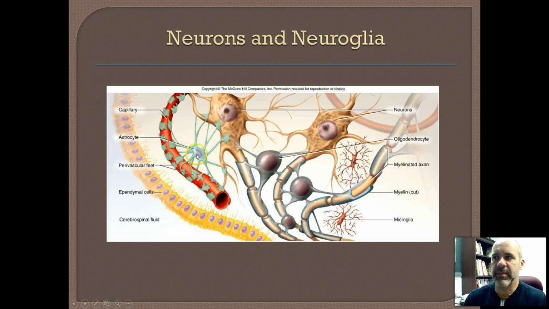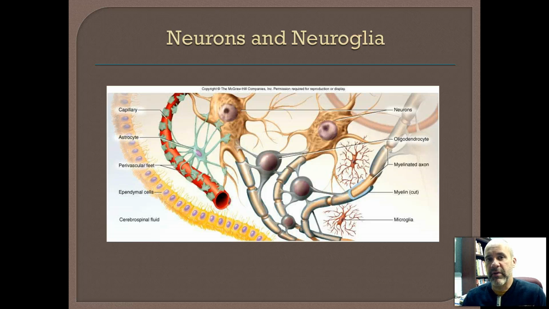Astrocytes are these star-shaped cells that a lot of times you find connecting neurons to the capillaries, and they help regulate what gets passed out of the capillaries and onto the neurons, among other things that they do. Oligodendrocytes, there's one of those, and they have branches, and they create the myelin. They produce the myelin insulation around the axons of your neurons in the central nervous system.